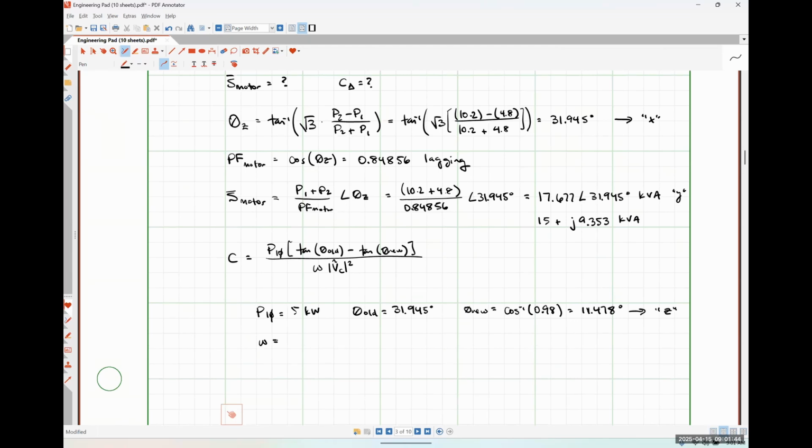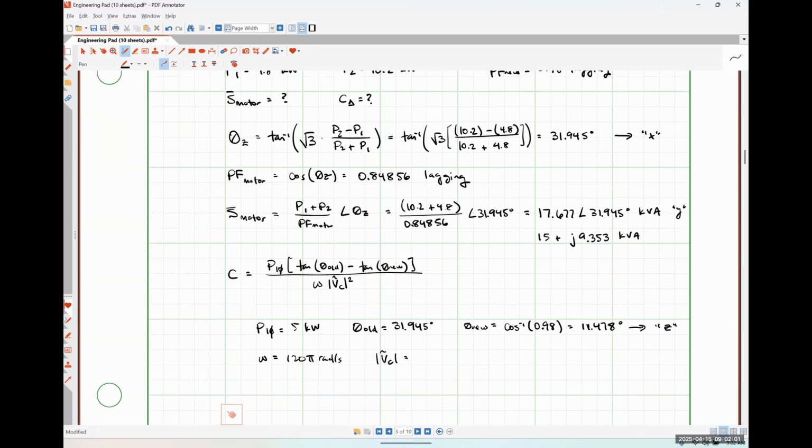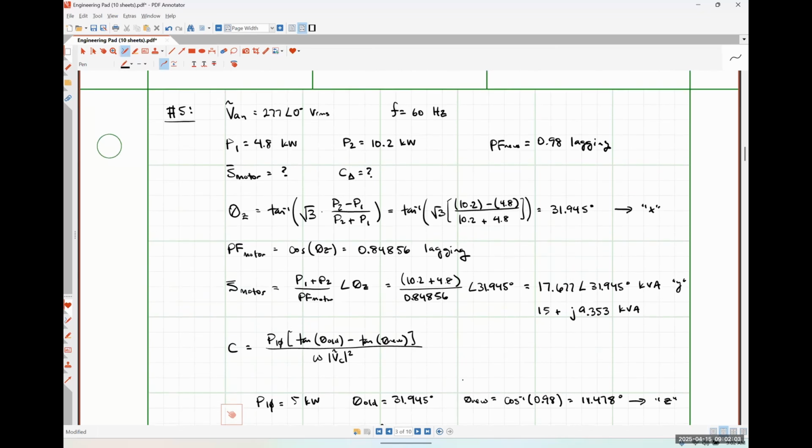What's omega going to be? Two pi times 60, or 120 pi radians per second. And then the voltage drop across my capacitor. So to be clear, this time I gave you a Y connected or a phase to neutral voltage, but our capacitor is in delta, so we need a line to line voltage, right? So to go from line to neutral, we divided by √3.